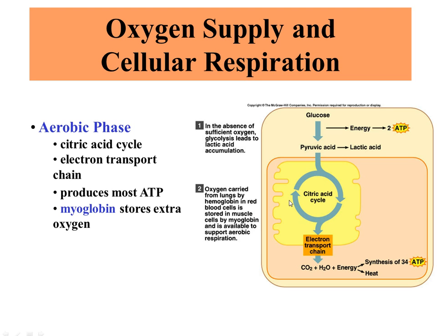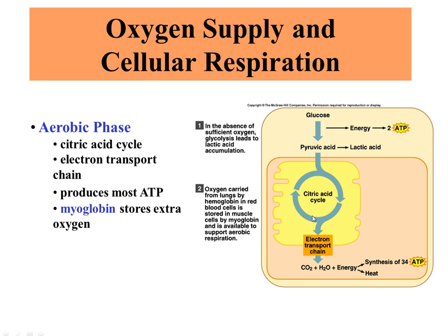And in the mitochondria, you have the citric acid cycle that produces a couple of ATPs, and then the electron transport chain that produces 32 more ATPs, like 2 in the citric acid cycle and 32 in the electron transport chain, for a total of 34 ATPs.